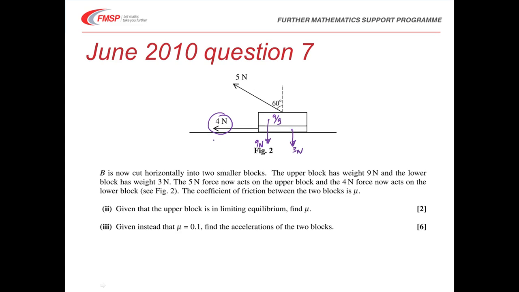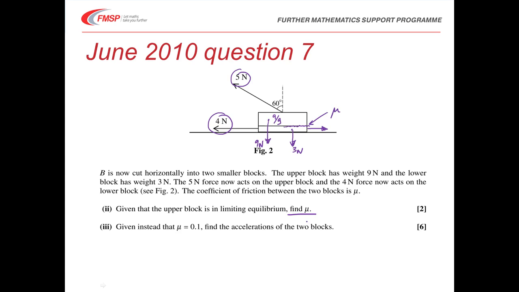Significantly, this force acts on the lower piece, and we have friction still with that same value of mu that we found acting at the bottom, but for the top block the 5 newtons force acts, and the friction here is the friction between the two parts of the block in contact. So for those two surfaces in contact we need to find the value of mu.